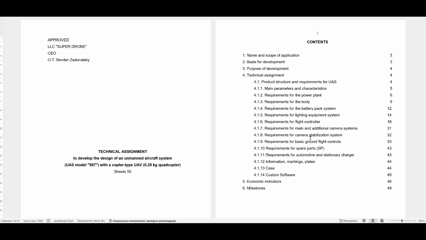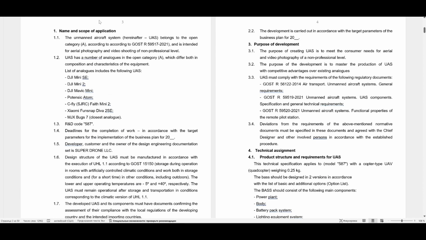Therefore, it can be argued that the use of value analysis and value design engineering techniques allows us to form a broader information base of initial data for the formation of the technical assignment in the conditions described in the case. I will not dwell in detail on filling sections 1, 2, 3 of the technical assignment: name and scope, basis for development, purpose of development, technical requirements.